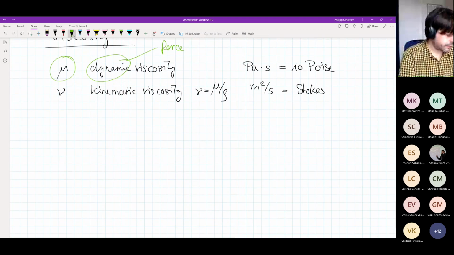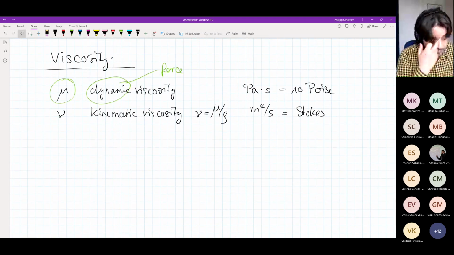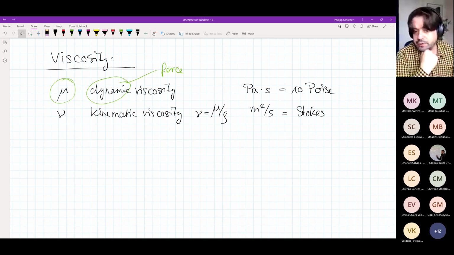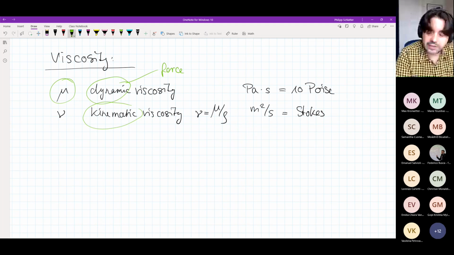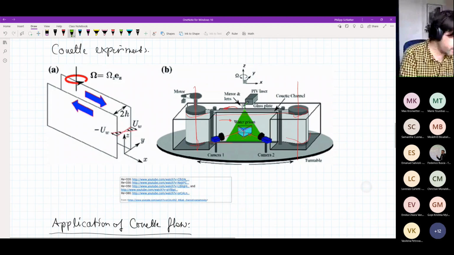Dynamics, if you recall from your mechanics courses, is the area of mechanics where forces are relevant. On the other hand, for the kinematic viscosity, you can think back to the definition of what kinematics is in mechanics. Kinematics is the area where you look at velocities and how motion is happening. And that means that the kinematic viscosity is not directly related to the forces, but rather to the motion.